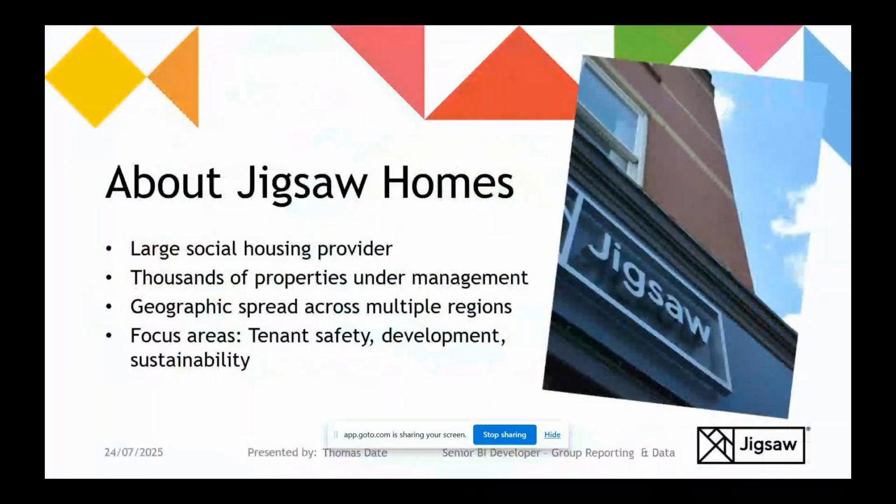About Jigsaw. We're quite a large social housing provider with thousands of properties under our management, with a geographic spread across multiple regions. Most of our focus areas are tenant safety, development, sustainability, and we also do some welfare housing. So we've got a lot of properties across different sectors.